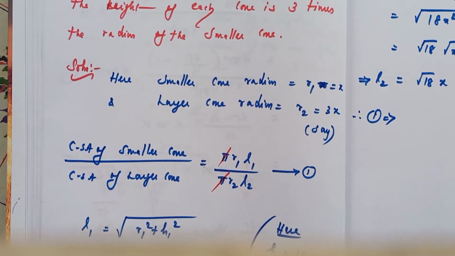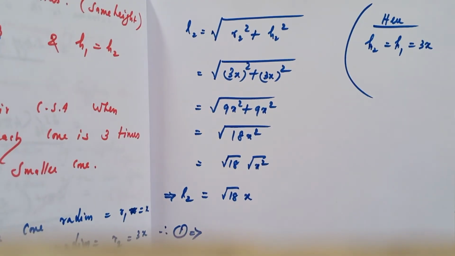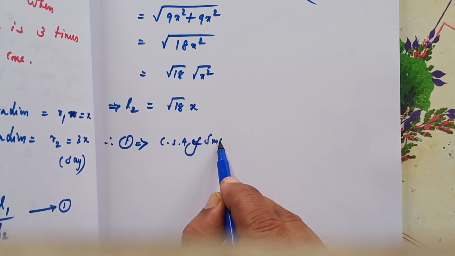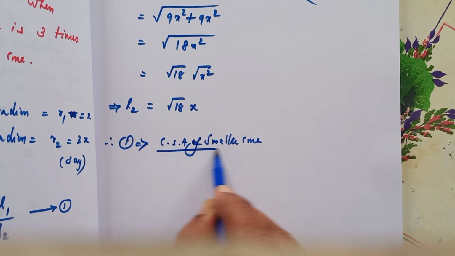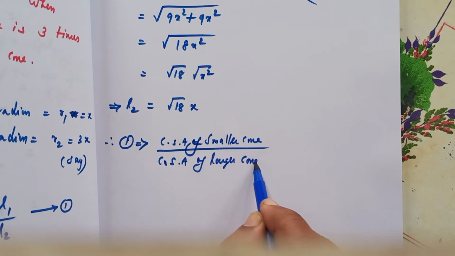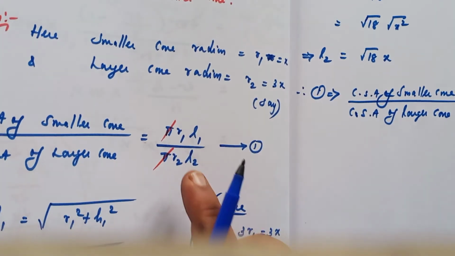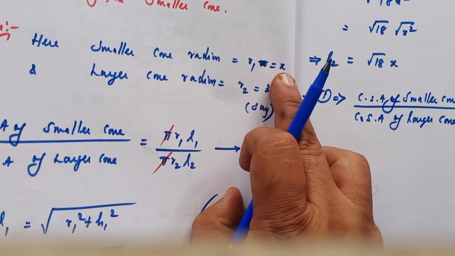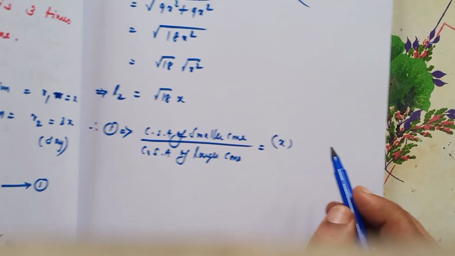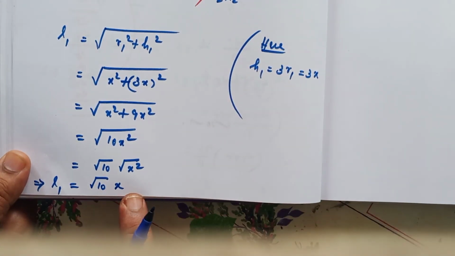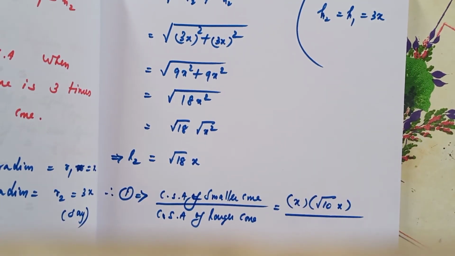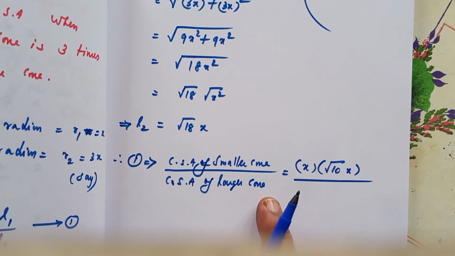So CSA of smaller cone divided by CSA of larger cone equals R1 into L1, R1 is x, x into L1, L1 here is root 10 into x, divided by R2 into L2 of the larger cone.